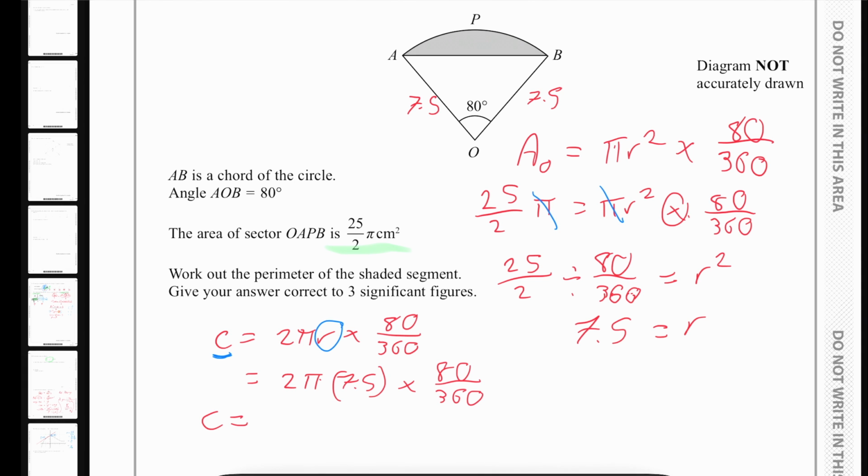So I get that my circumference equals 10.47. Just remember that we should basically call that x or something, because it's not the full circumference. So now I've got that this section, the perimeter, is 10.47.